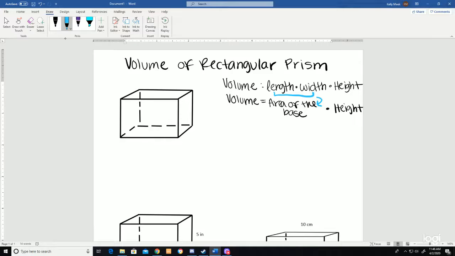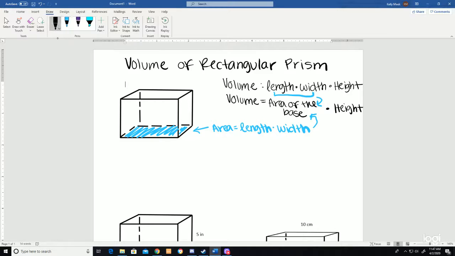So to find the area of the base, it is a rectangle. So to find the area of this shape right here on the bottom, that is a rectangle. The area of that would be length times width, which gives us our original formula that we learned last year in 5th grade. So that's why it looks different, but it actually is just the same thing. We just kind of took it a step further.